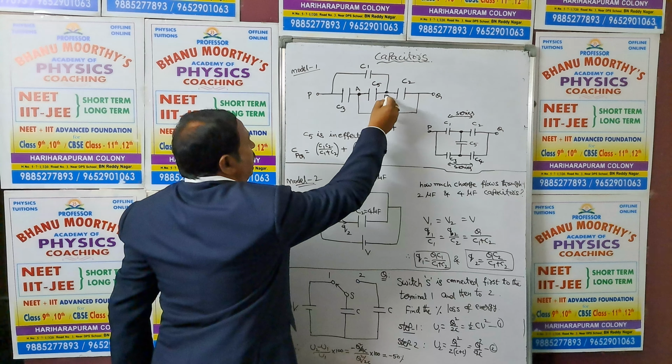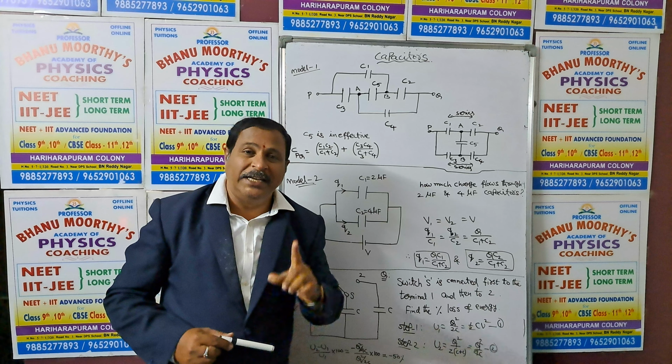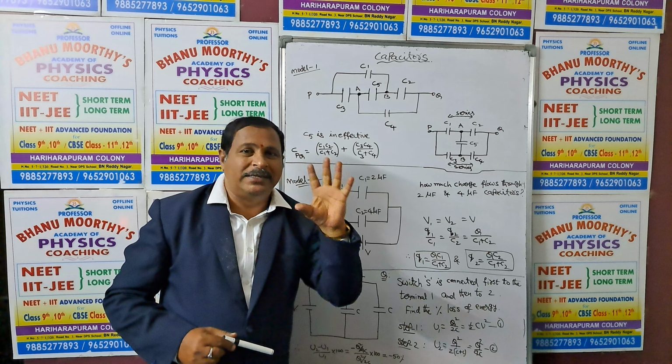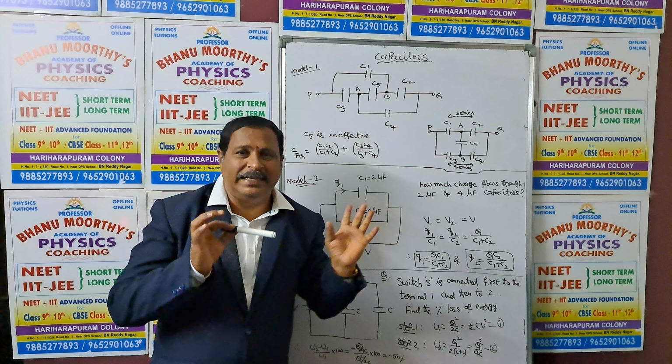At these two terminals, potentials are equal if all capacitors are identical, C like that. Then potentials at A and B are equal, so no charge flows.